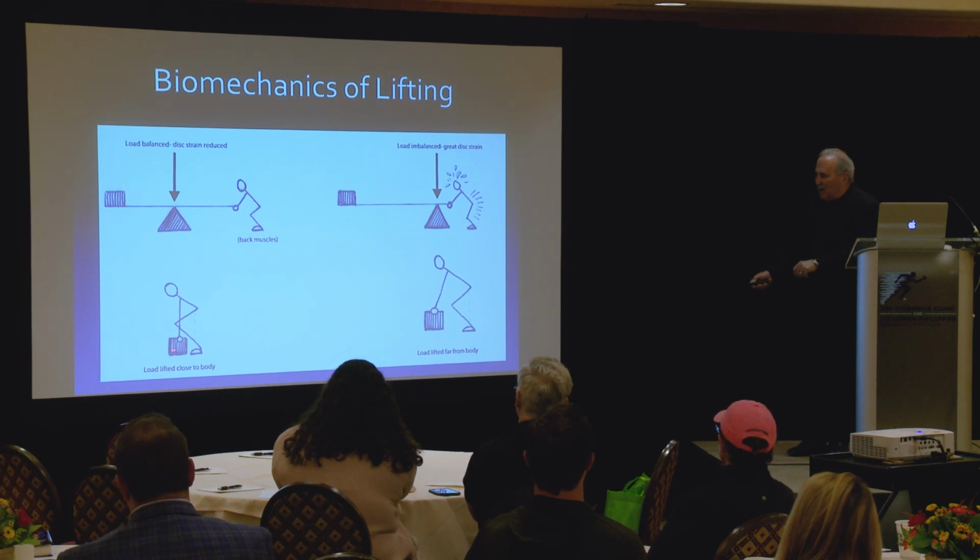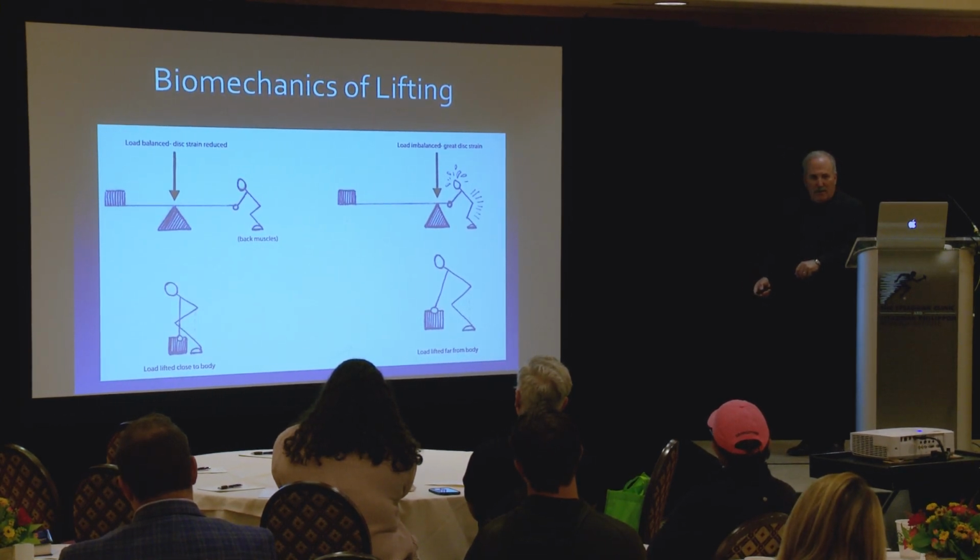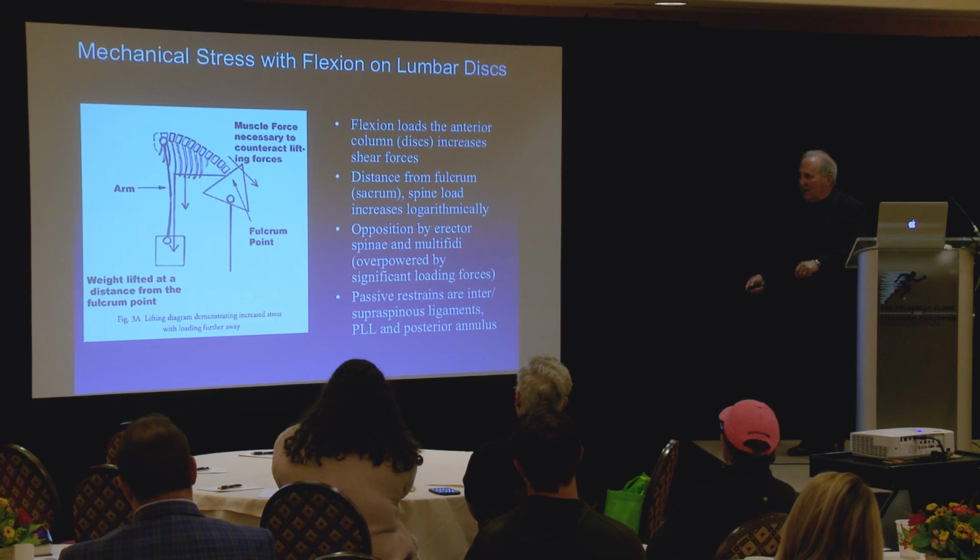So look at this diagram with the individual lifting with his knees bent and close to the body. And then look at this diagram. This is what happens when the object is way too far out: they triple, quadruple the load to their spine. So let's go back here. Here's the load right here.